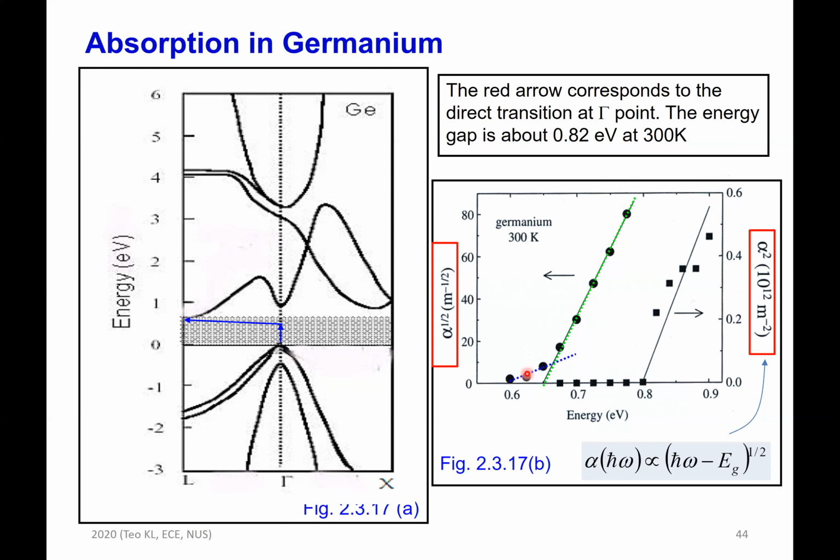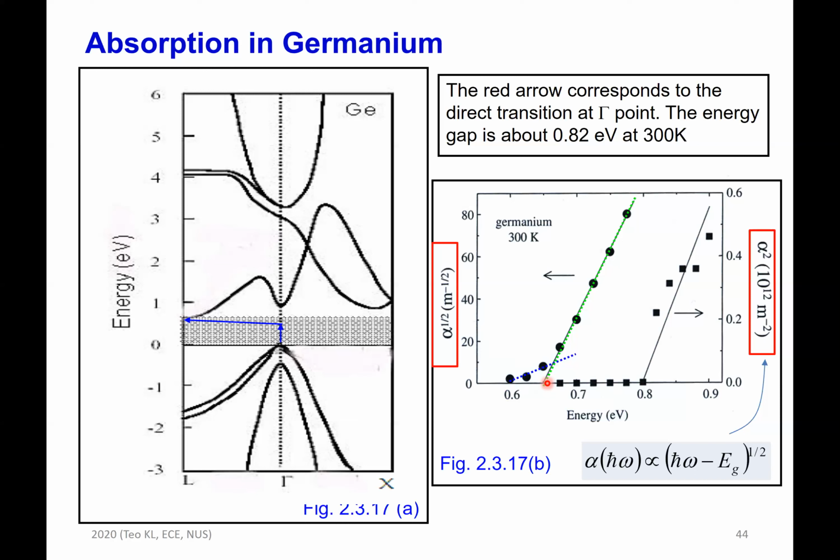This is due to the absorption of the phonon, this is due to the emission of the phonon, and they intersect at the x-axis. So you have two equations, and then you can calculate the band gap of germanium and the phonon energy.